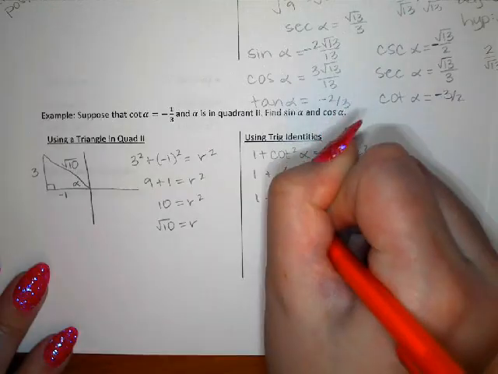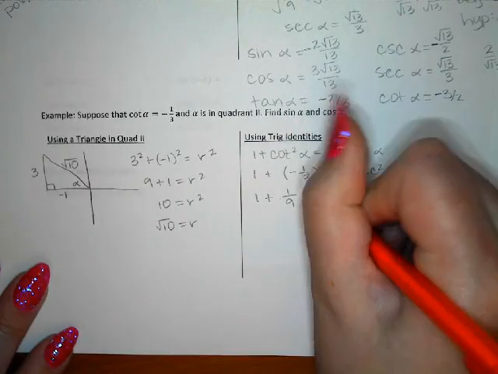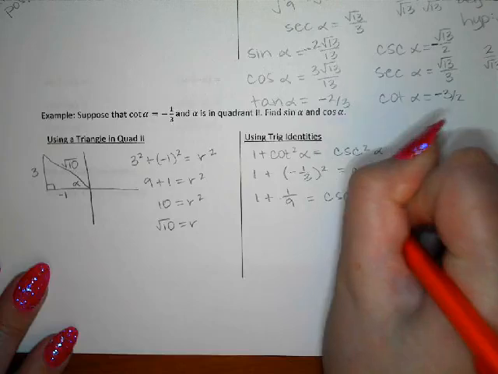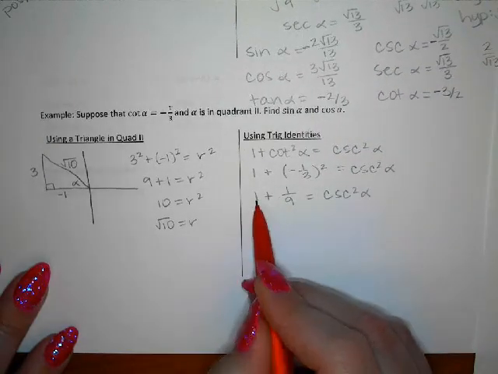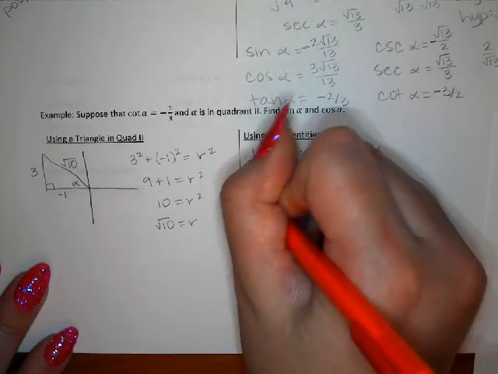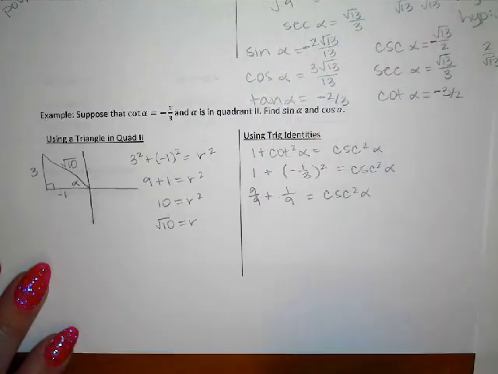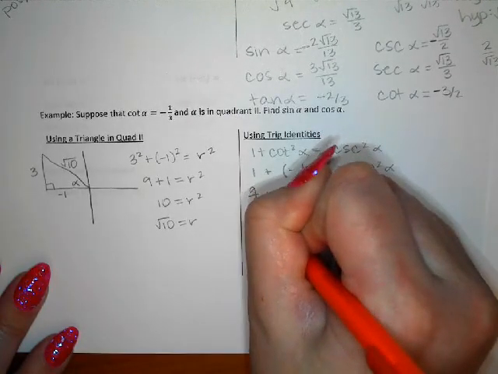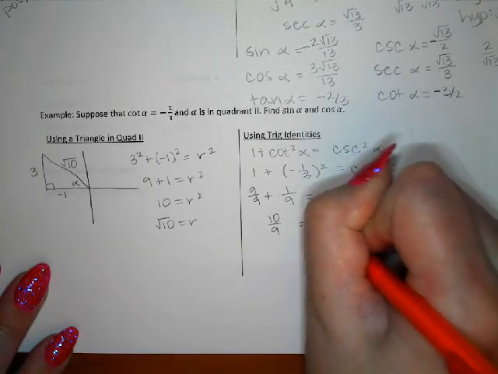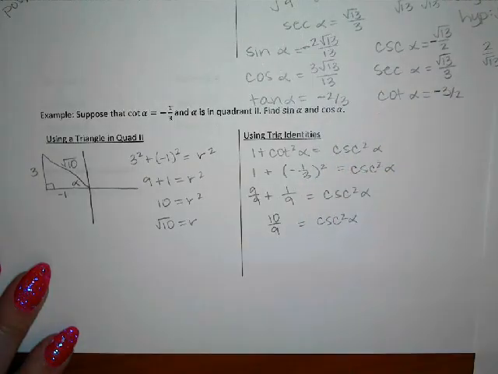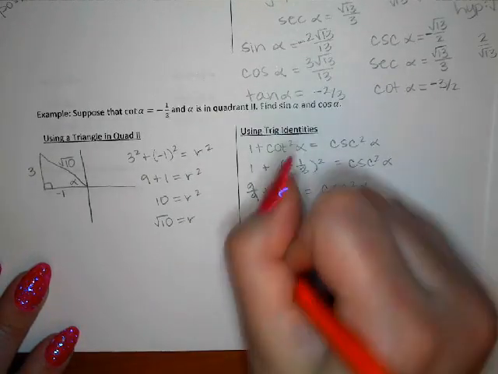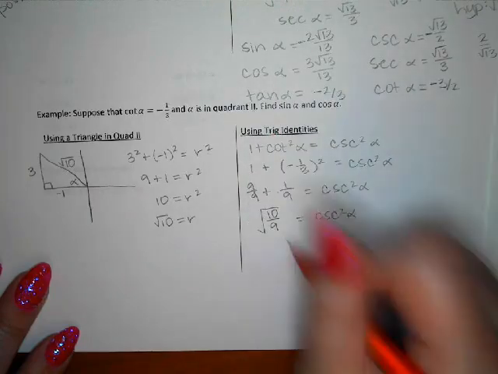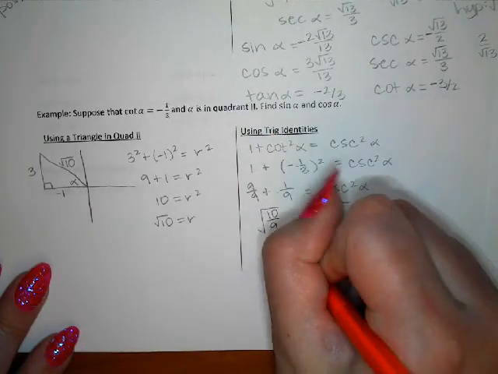The 1 I can write as 9/9. And so when I add these together, that gives me 10/9. Okay, and so to solve for cosecant, I get √10/3.